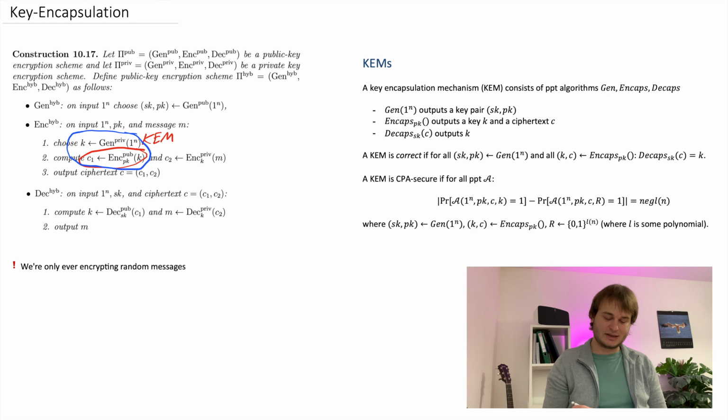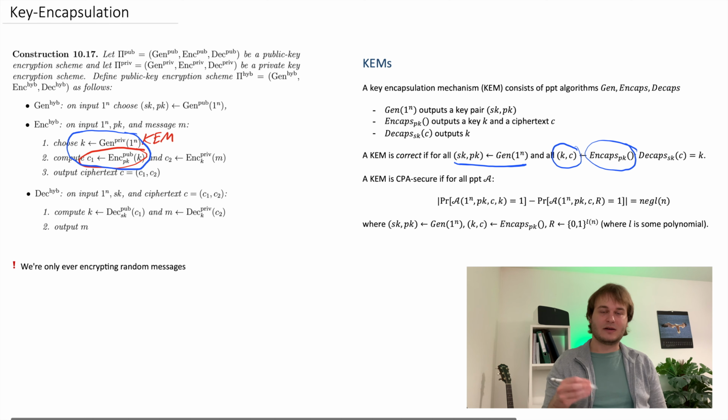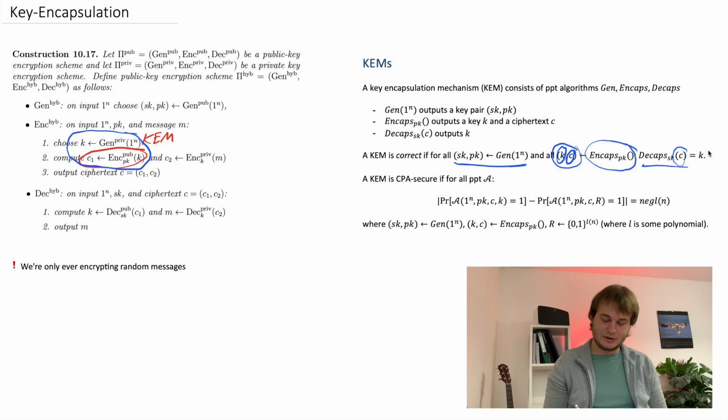Then correctness for these schemes says that someone generates a public key, secret key pair. Then I can take this public key and call Encaps, and Encaps gives me a k and a c. The k I will keep secret, and the c I can just send over an insecure channel. And then if the receiver of the c calls Decaps, he will get the same key k from that.